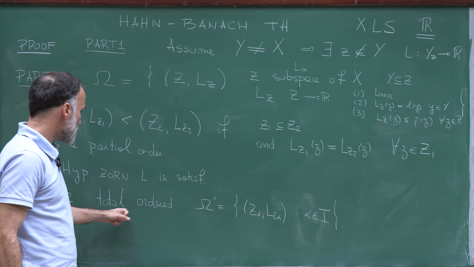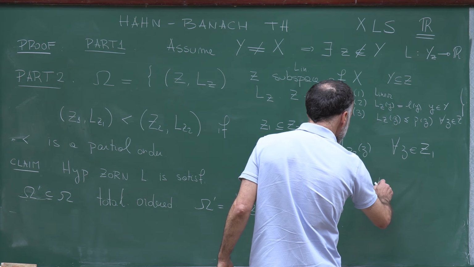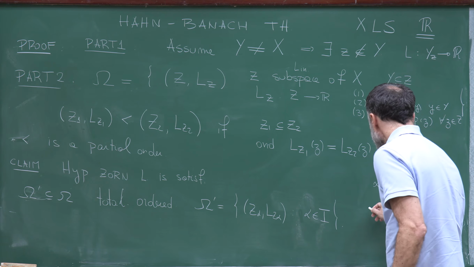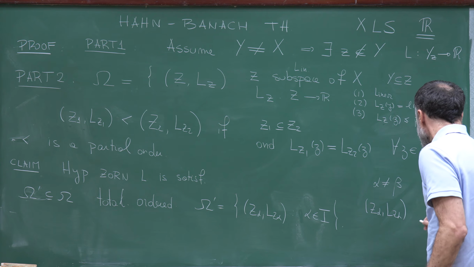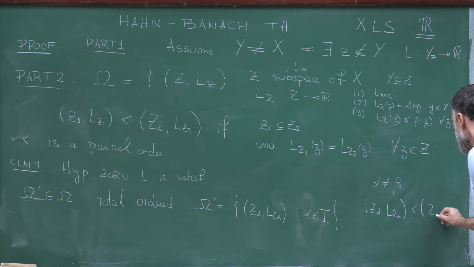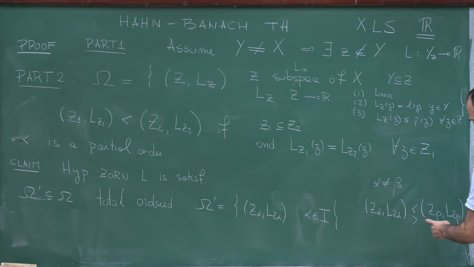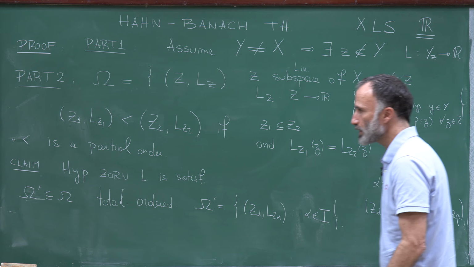Now I'm saying that this set is totally ordered, which means that if you take alpha different from beta, either (Z alpha, LZ alpha) is smaller than (Z beta, LZ beta), or the opposite. So one of them is smaller than the other one, which means that either this space is contained in that space and this functional coincides with that functional on this space, or the opposite.